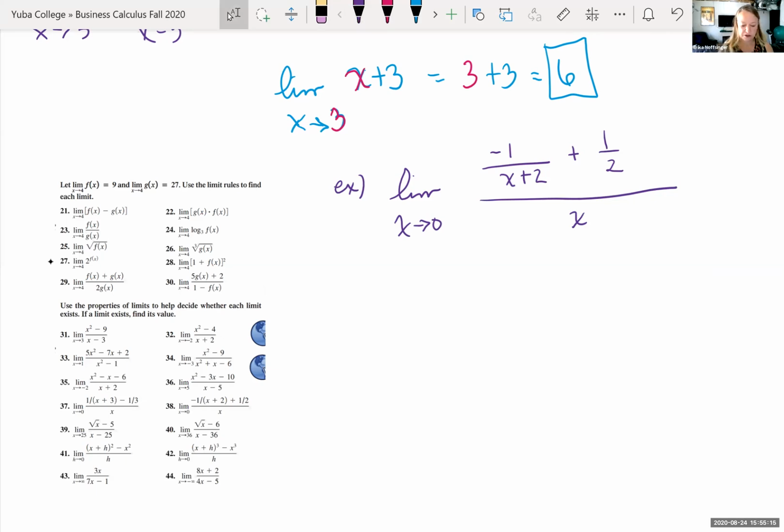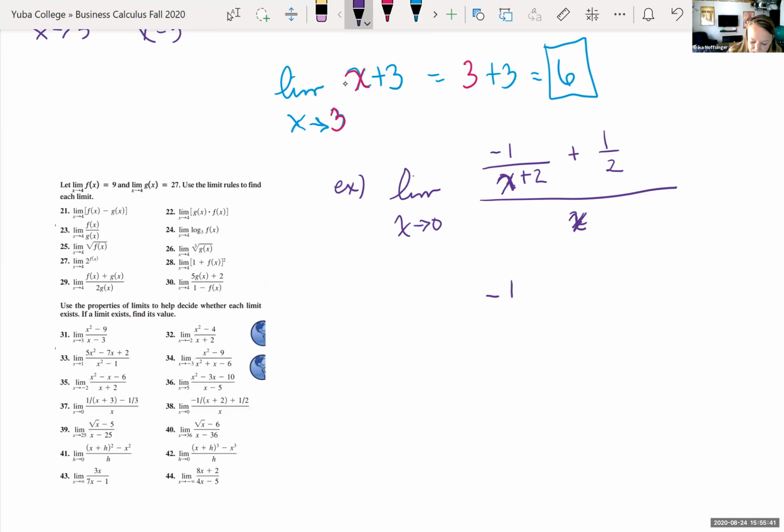So notice when you go back in here, wherever you see an x, you plug in 0. So let's go back in and plug in 0.